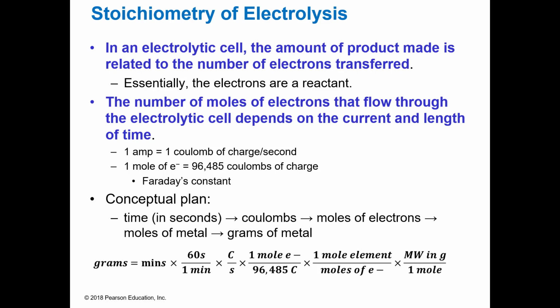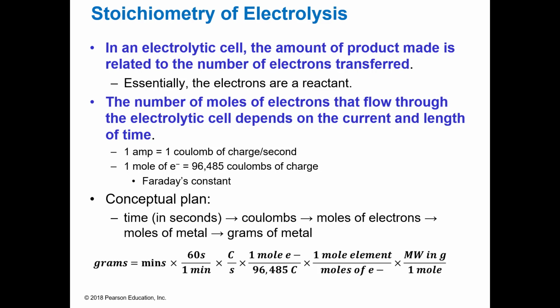The number of moles of electrons that flow depends on the current and the length of time. So how many amps, and how many moles of electrons. The ones with 6 electrons would give you more, and it would probably happen faster than things that only transfer 1 electron.